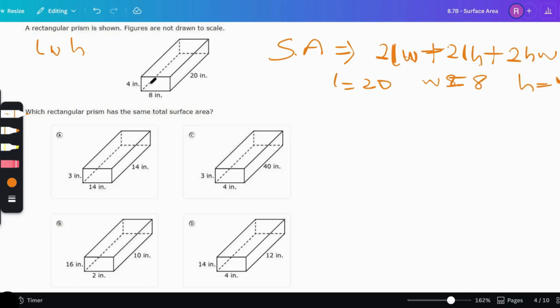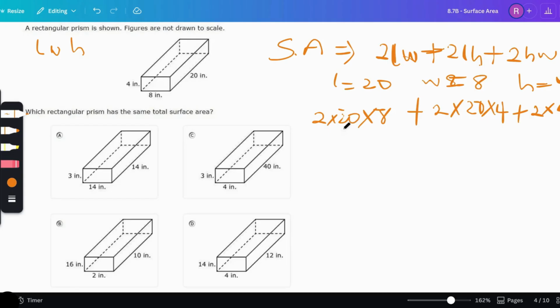So now we have to compute this into the formula, so that we have 2 times 20 times 8, plus 2 times 20 times 4, then plus 2 times the height times the width, 4 times 8.